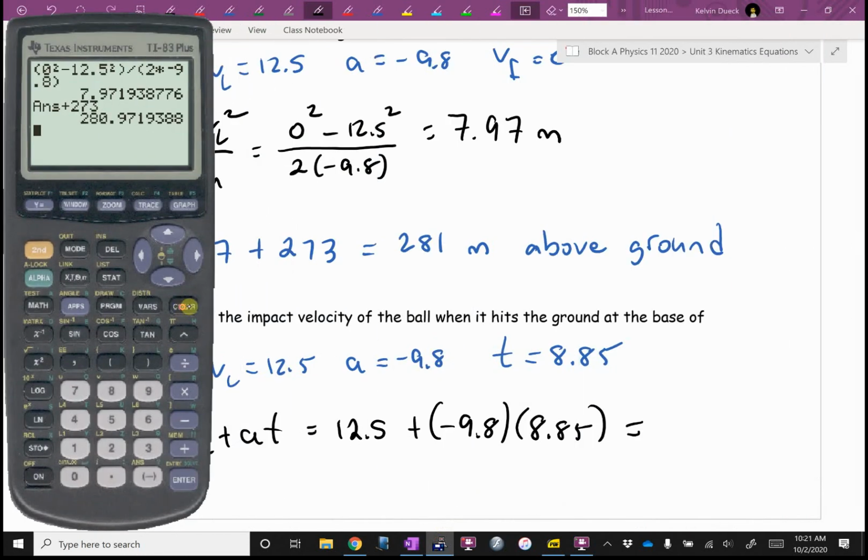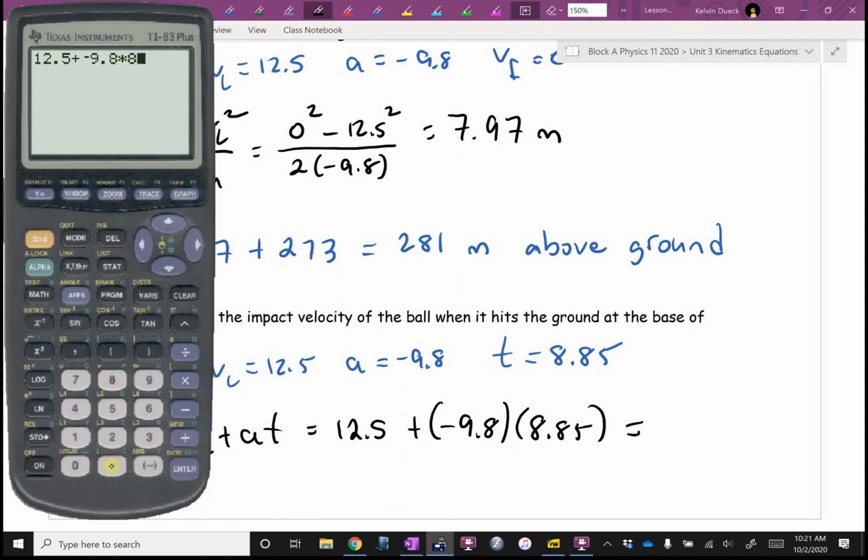Again, make sure you're typing these in to follow along. It's an easy way to get good at your calculator. You get negative 74.23. So I'll call it negative 74.2.